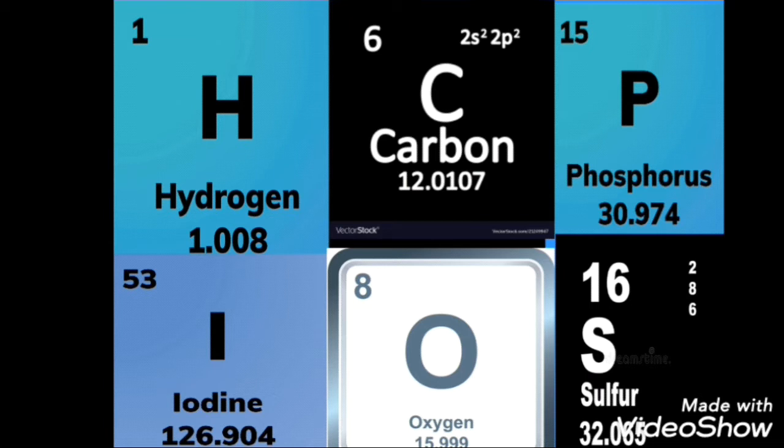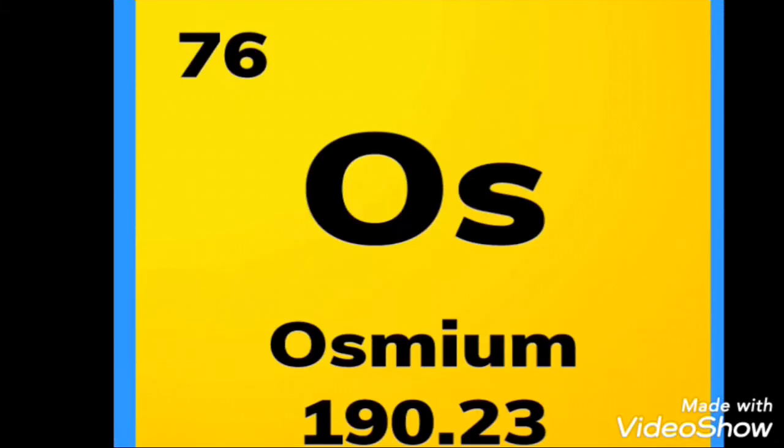The symbols of the most common 14 elements consist of one letter. Some of them are hydrogen, H, iodine, I, carbon, C, phosphorus, P, oxygen, O, sulfur, S.